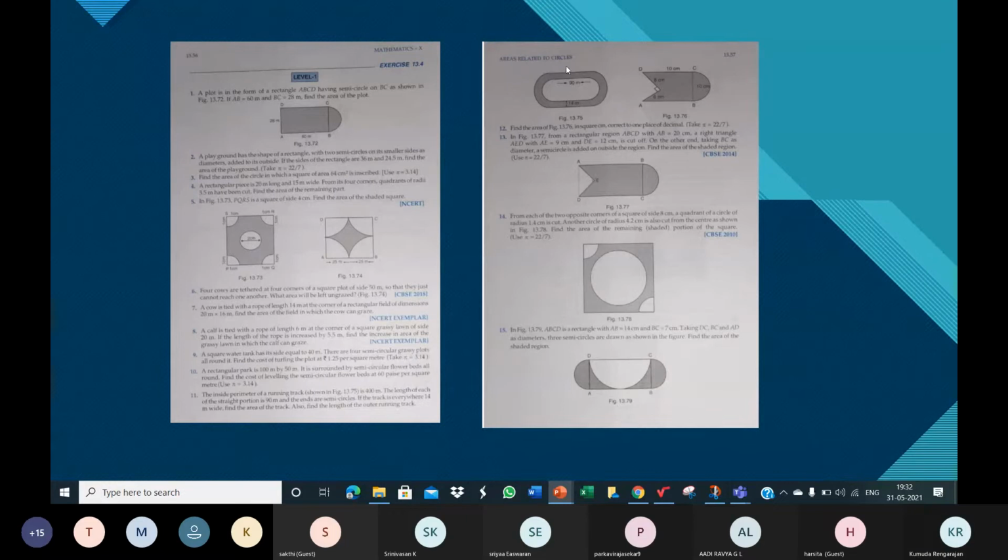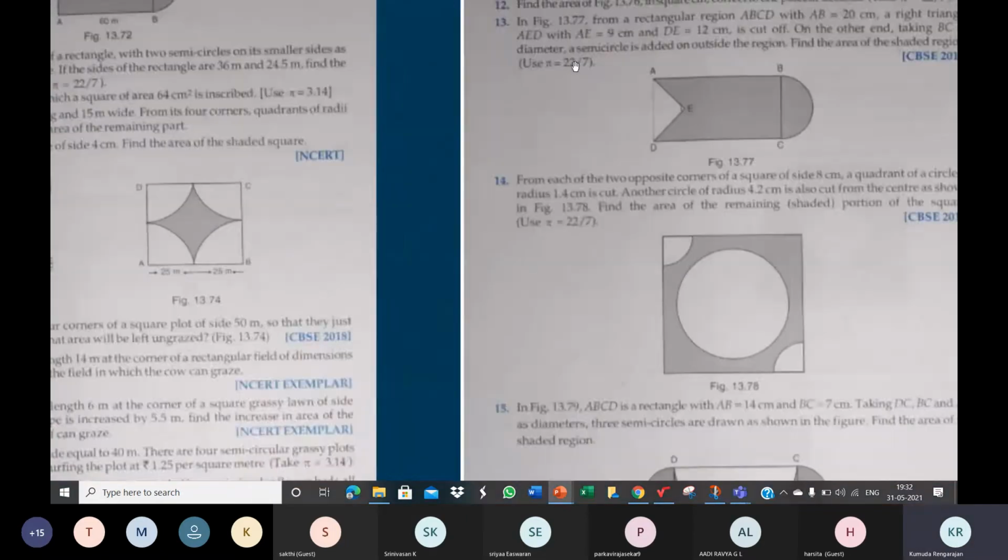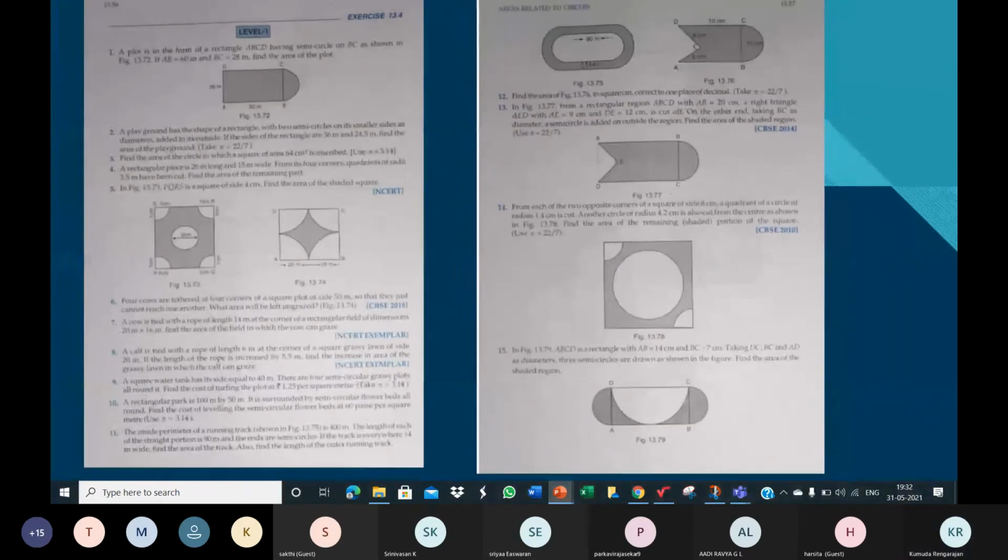I'll show you the question. It's right here, right below here. It's the 11th question. Please try the 11th question. The figure, you can see it on the top of the next page.